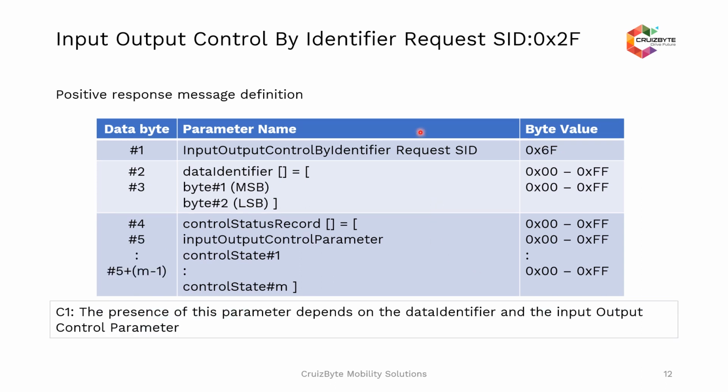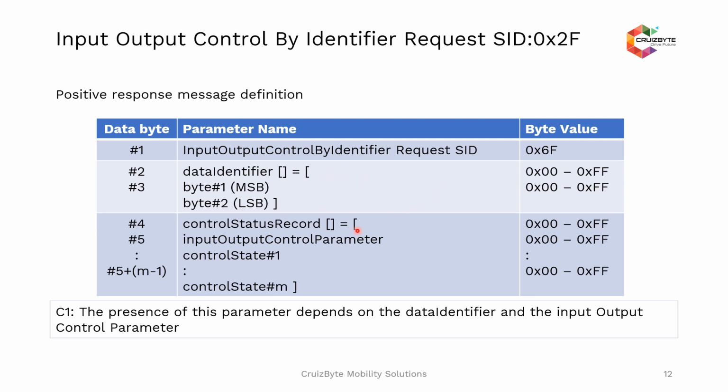And this is the positive response message which you get for the input output control by identifier request. As we discussed in the previous sessions, 0x2F becomes 0x6F with the addition of hexadecimal 40 to the response. So this is a positive response, and it comes with the 2-byte data identifier, in our case it could be 0x00.